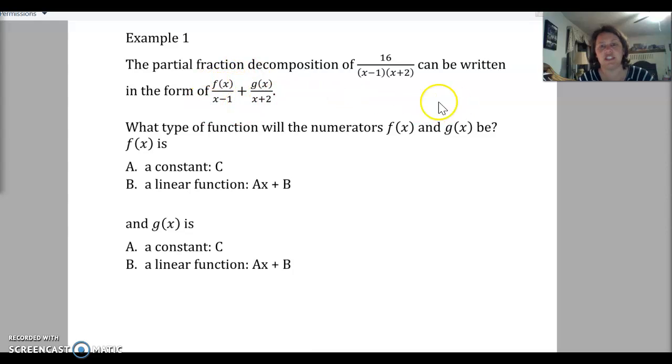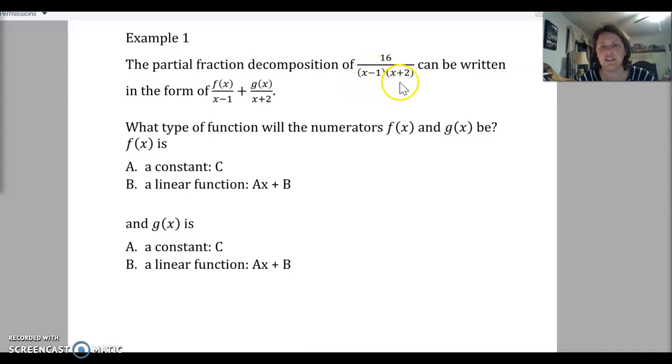Now when I start to solve these, I'm going to change that f of x to an a and change the g of x to a b because it's easier to do, and it would be too confusing to try to multiply all those terms through. So what type of function will the numerators f of x and g of x be? Both of these factors are just linear, so this is a type 1.